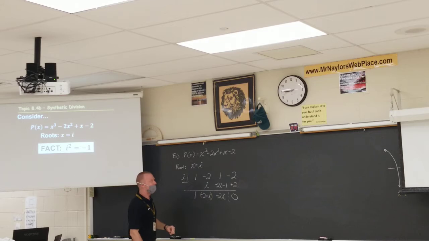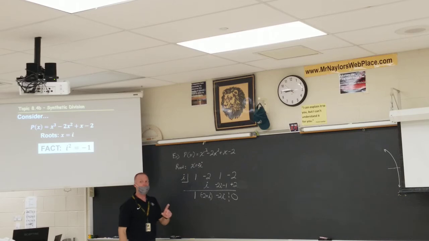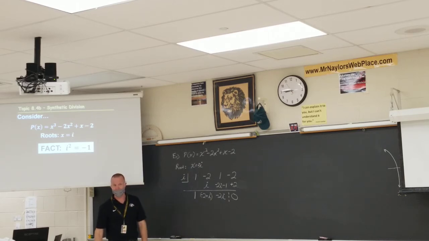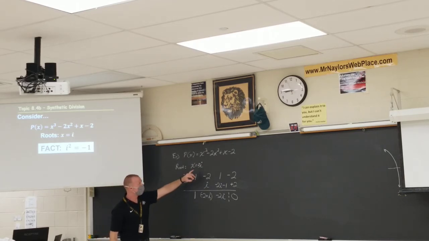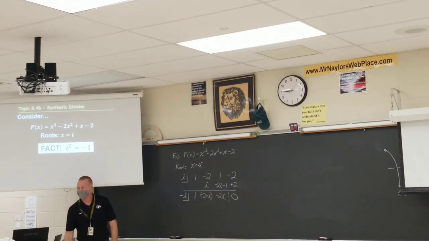Well, I sort of did, because if you have this imaginary root, you're guaranteed to have this imaginary root. Listen, imaginary roots always come in a plus or minus pair. So if I gave you i, I really also gave you negative i. Always. Imaginary numbers always come in pairs.